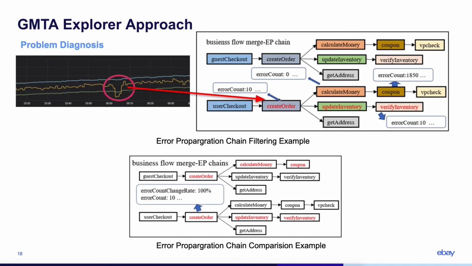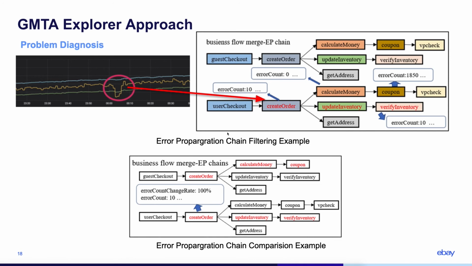We know this by comparing the history and the recent behavior of each service's or operation's metrics. We notice that this has a spike from 0 to 10, and also its downstream operations have the same spike, and this error path is aggregated as an EP chain.